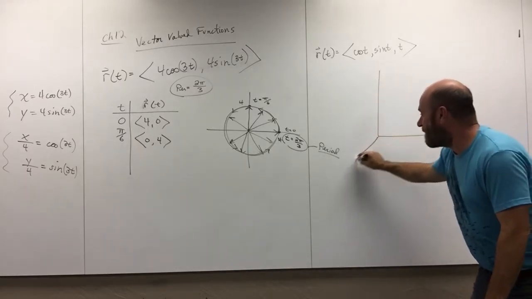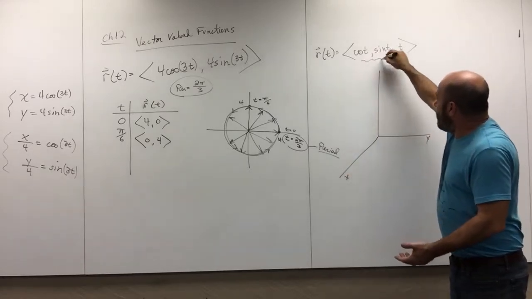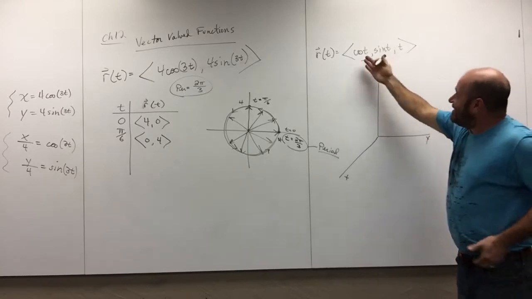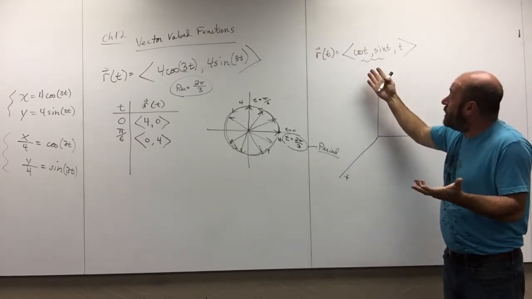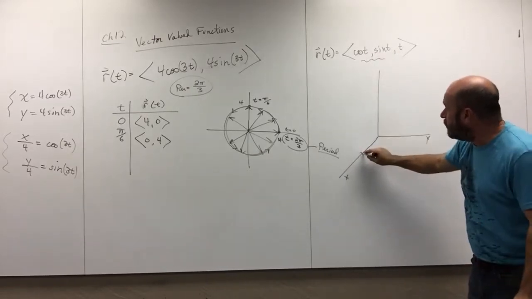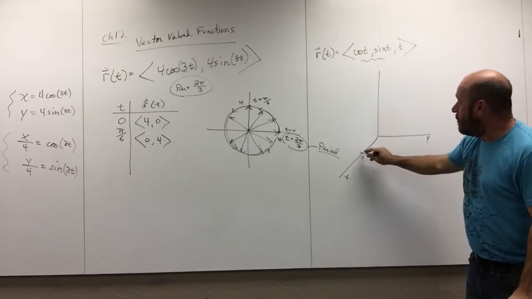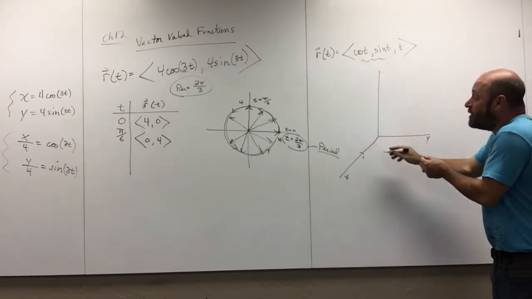The x and y have circular motion of radius 1. Again, I could plug in a 0 and plot some points, but I think I would start here.